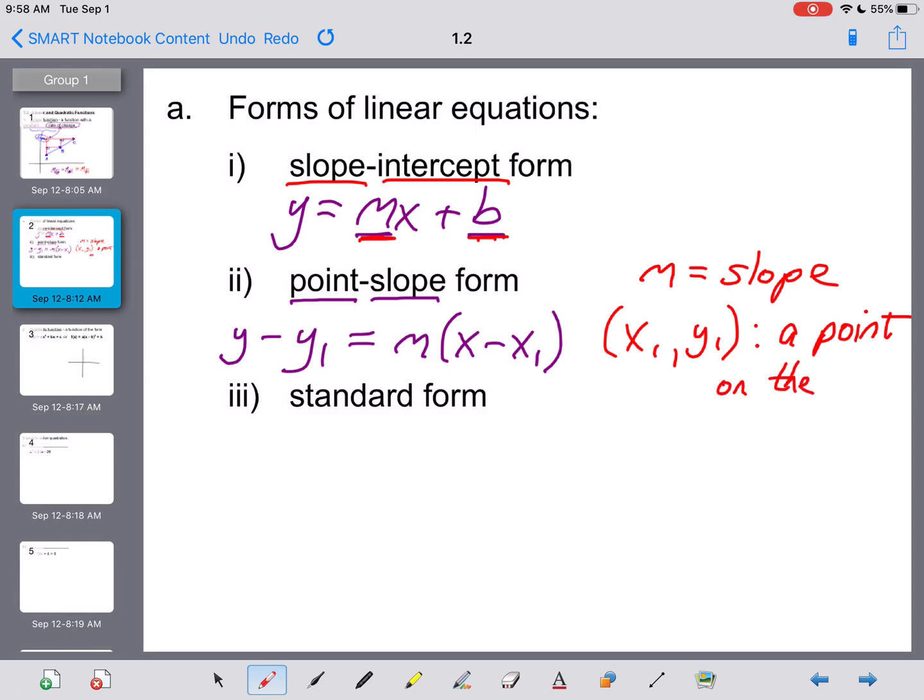And it doesn't have to be a specific point the way that it did back here in slope-intercept form. The b wasn't a random point. It had to be very specifically the y-intercept. But in point-slope form, you don't need to be that specific. You can use any point that's located on the line. As long as you know a point and the slope of the line, you can write it in point-slope form.